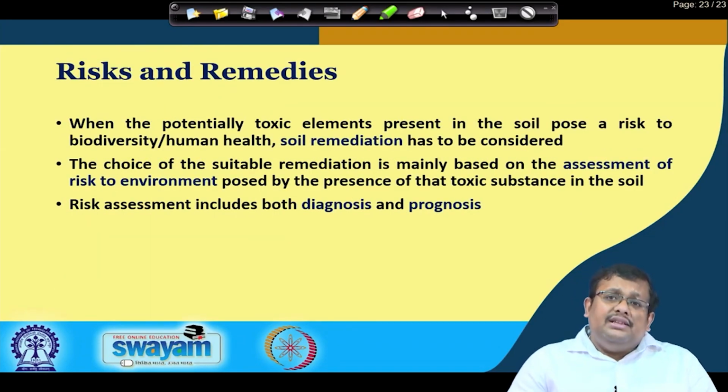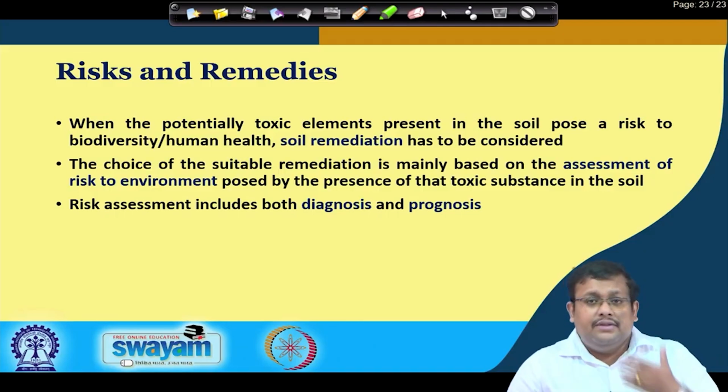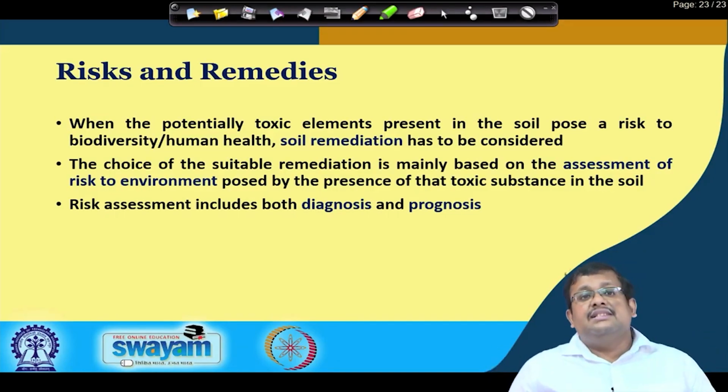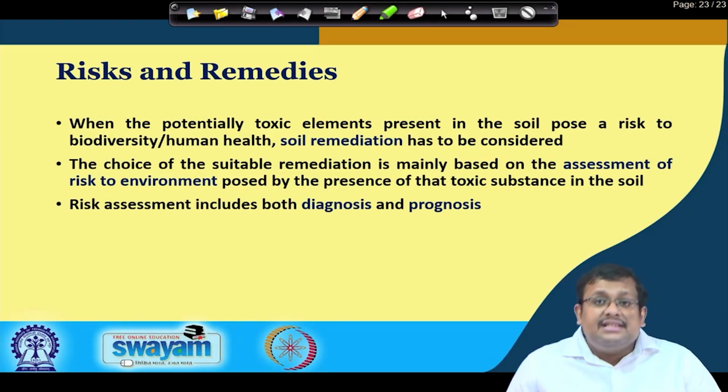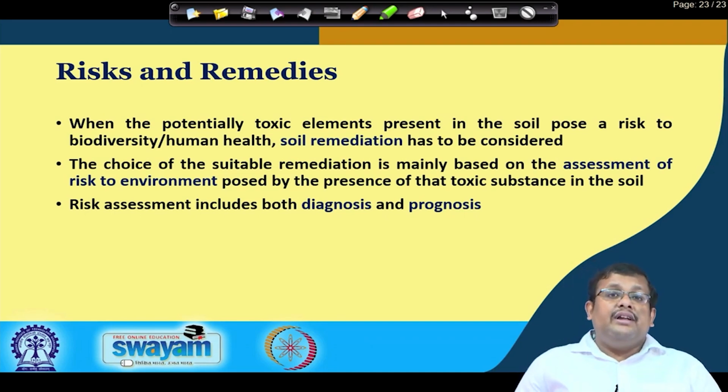Now, once we complete this model validation and model sensitivity analysis, the next important aspect which you need to discuss is risk and remedies. So, when the potential toxic elements present in the soil pose a risk to the biodiversity or human health, soil remediation has to be considered.